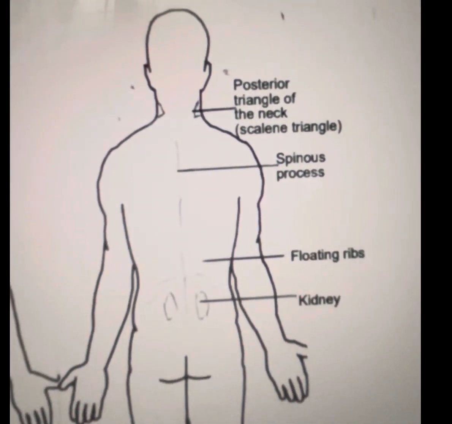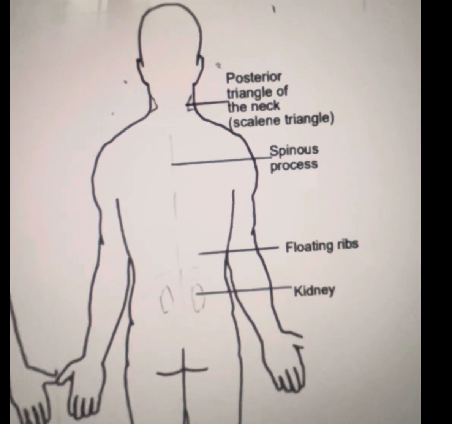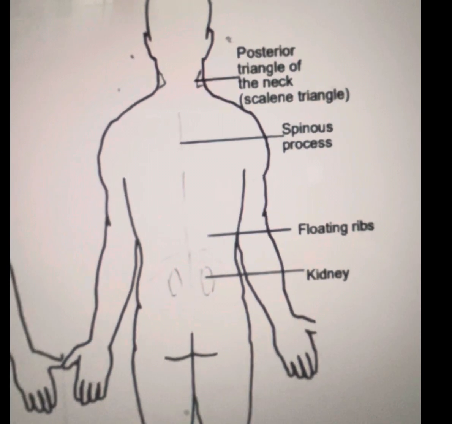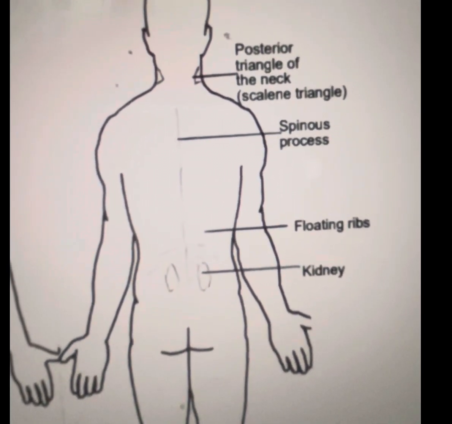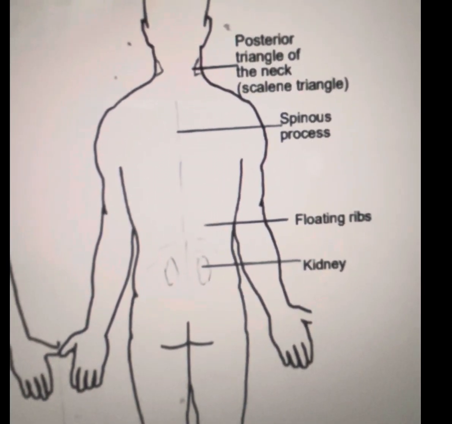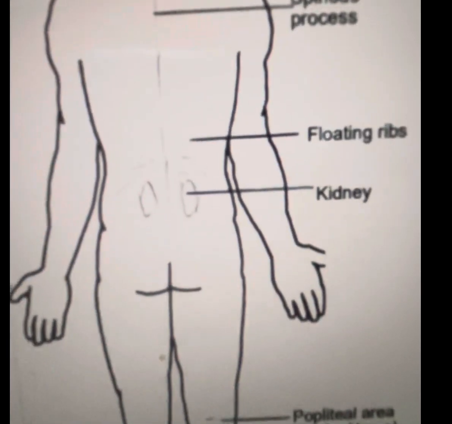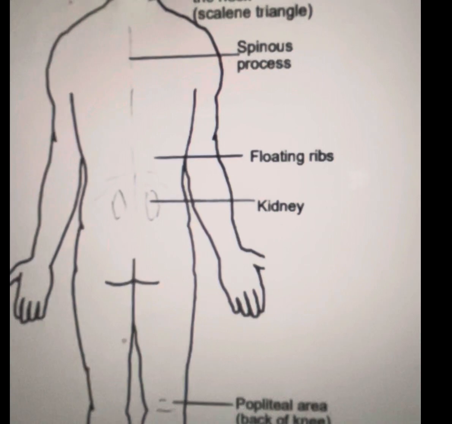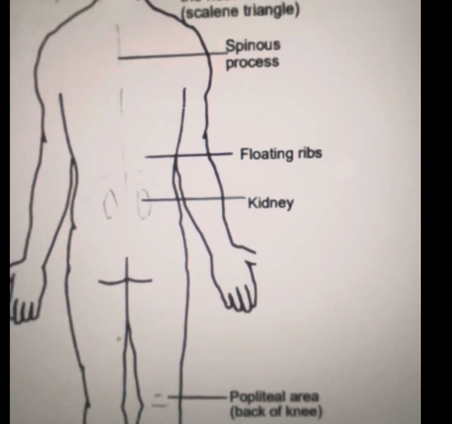On the posterior side are the triangle of the neck, the scalene triangle, the spinous process, the floating ribs, our kidney area, and the popliteal area, the back of our knee.